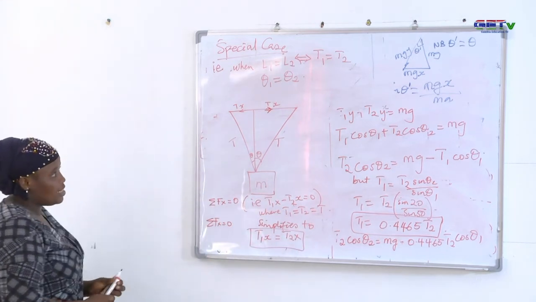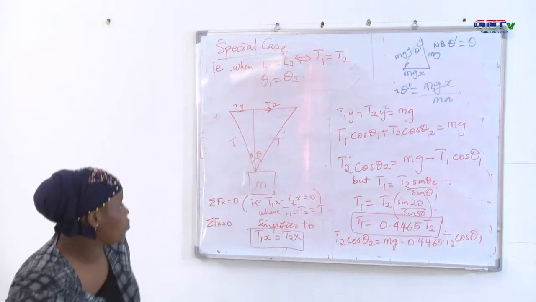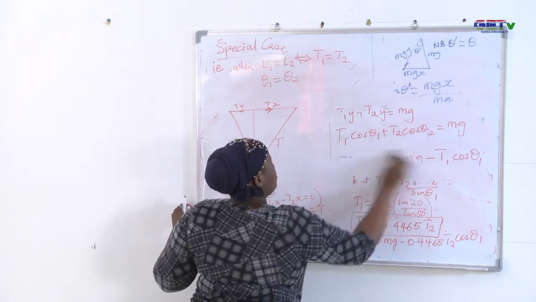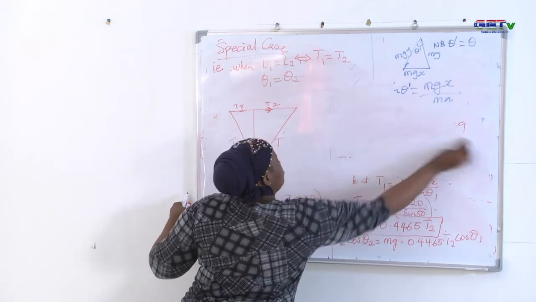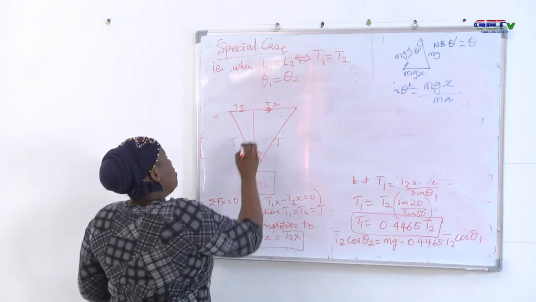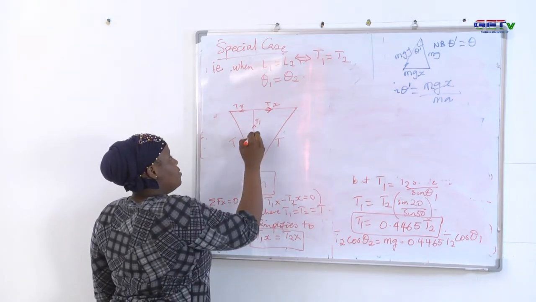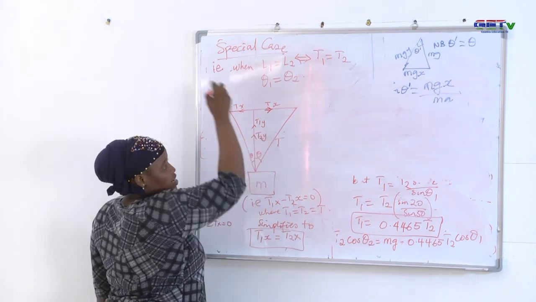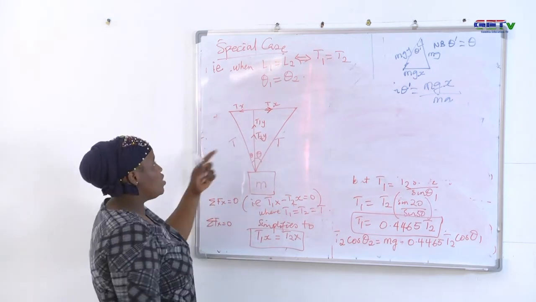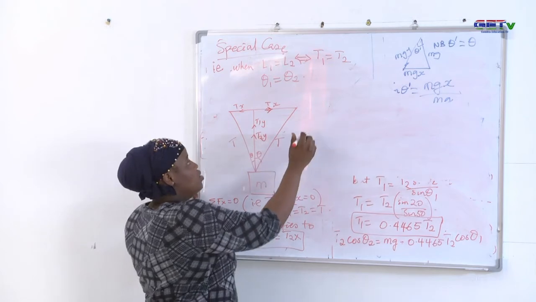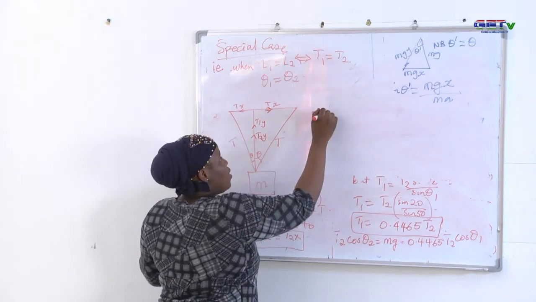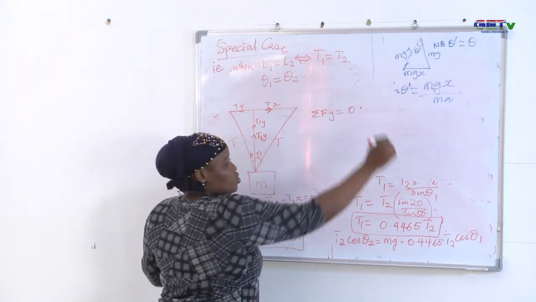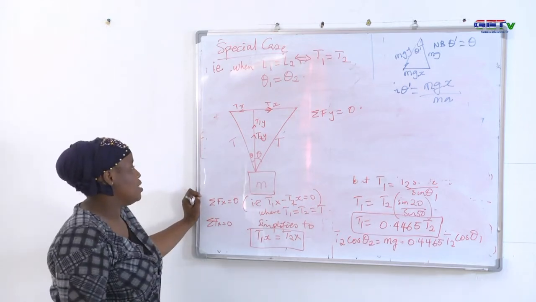But then we focus our attention on the y forces, the forces acting on the y-axis. If this is resolved, we will have both T1 of y and T2 of y vertically upwards. So if we resolve this triangle, the sum of forces in the y direction is always equivalent to 0. We are dealing with static equilibrium.